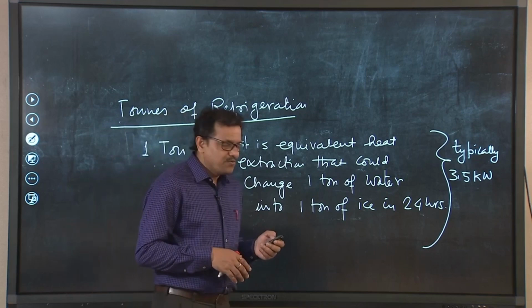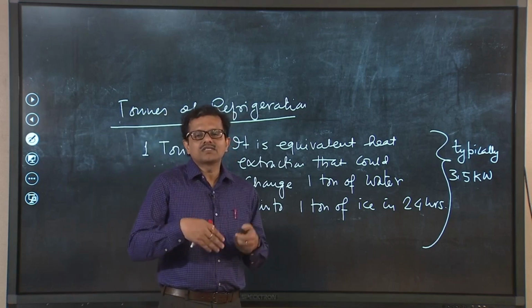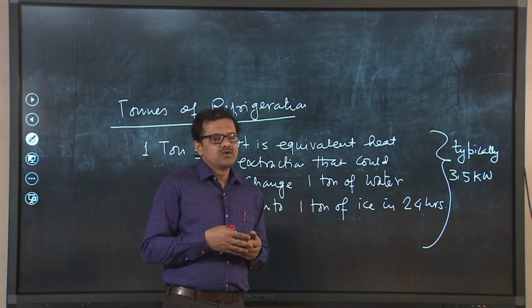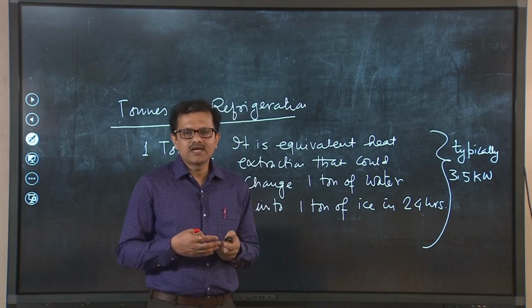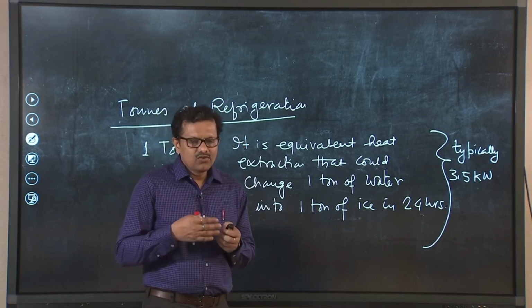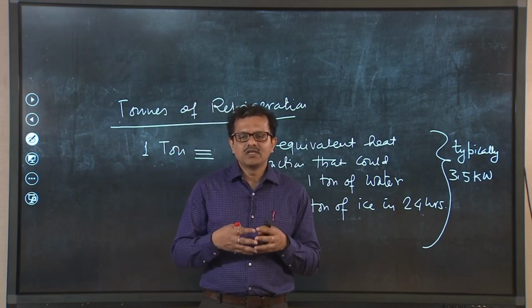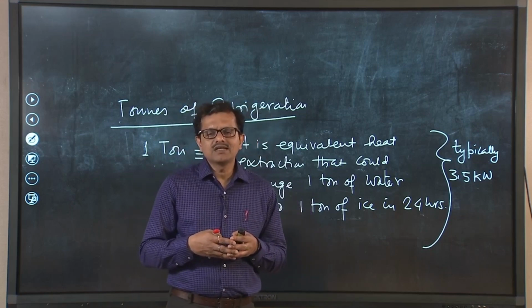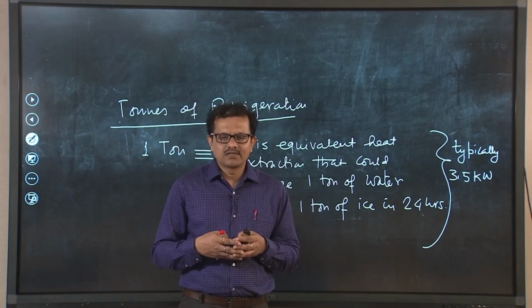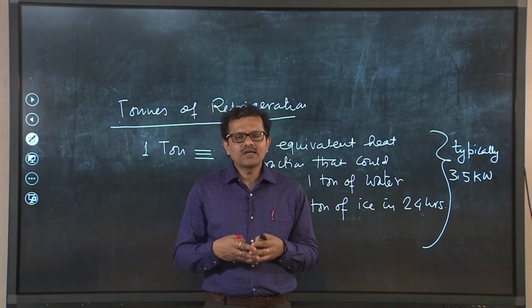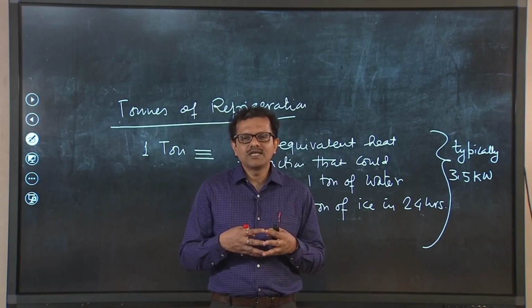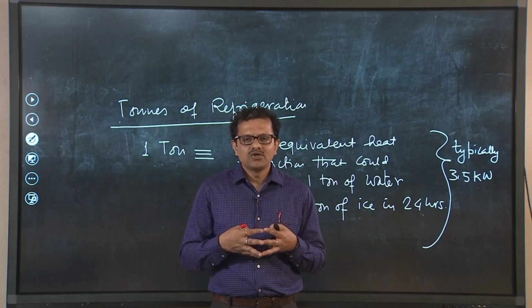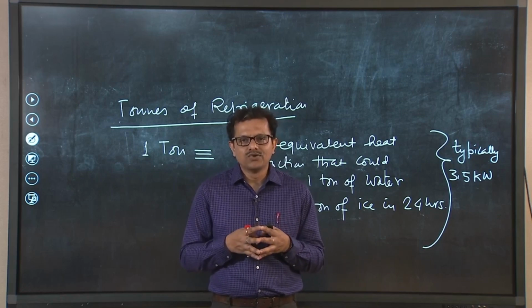Now, if we recall in the last class we have also discussed about the working fluid, and if we try to recall, the working fluid typically used in the refrigeration cycle is basically a refrigerant. So, what kind of property this particular working fluid should have is very important to know.